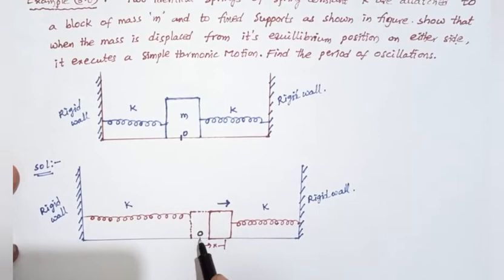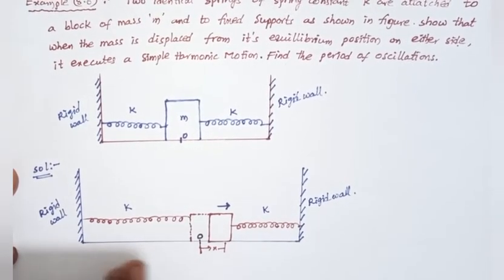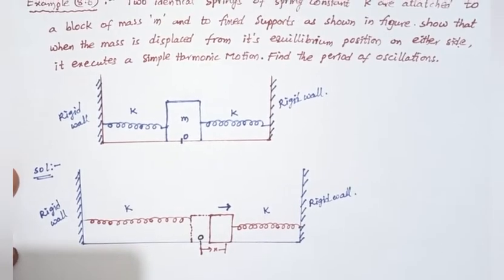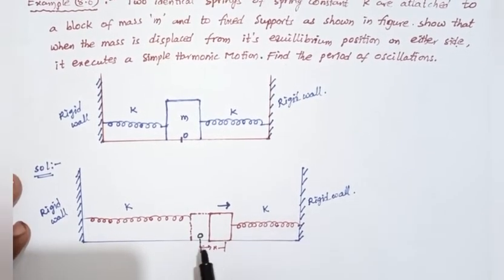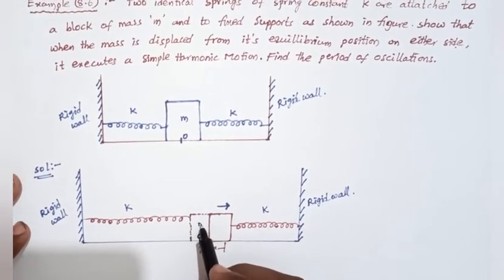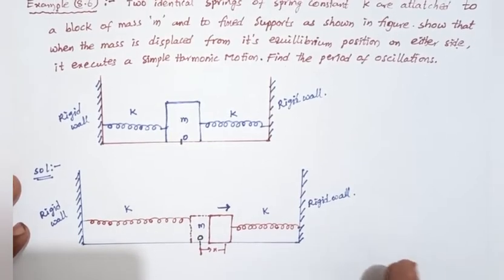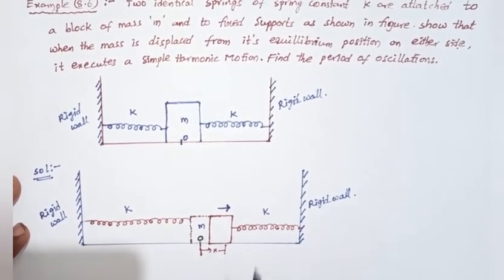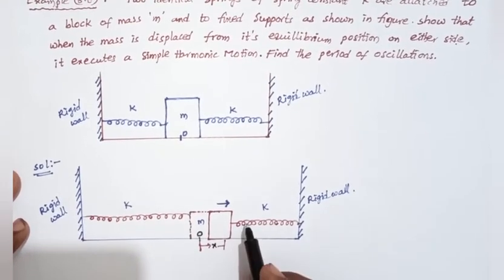So this is actually the equilibrium position, before the force is applied. When the mass of the body is displaced by some displacement x, what happens?